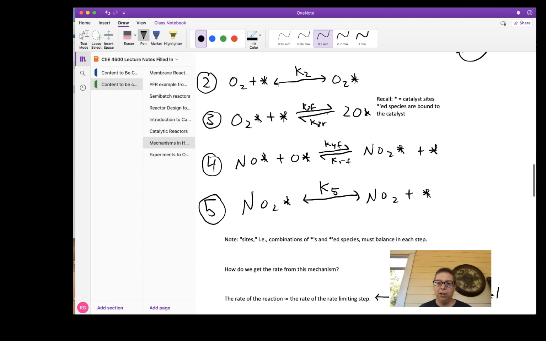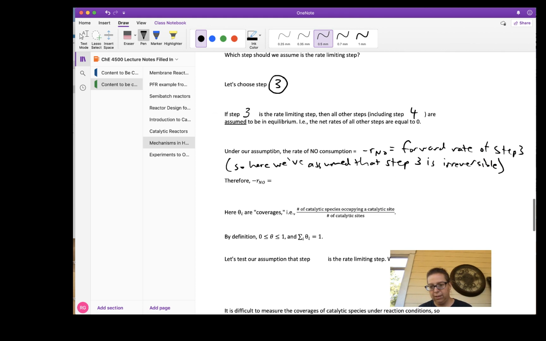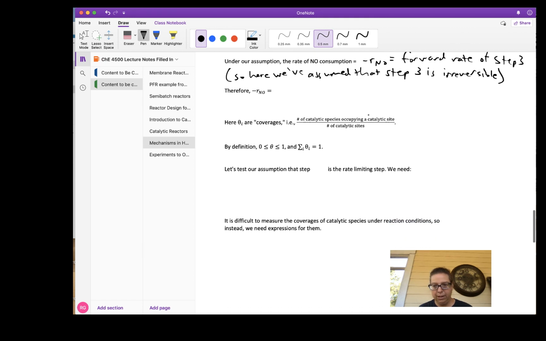So the oxygen molecule is not able to produce enough oxygen atoms for it to even get close to being in equilibrium. So the chemical potential of adsorbed oxygen just never really accumulates enough to become in equilibrium with the chemical potential of adsorbed O2. So that's what we're saying here when we say irreversible.